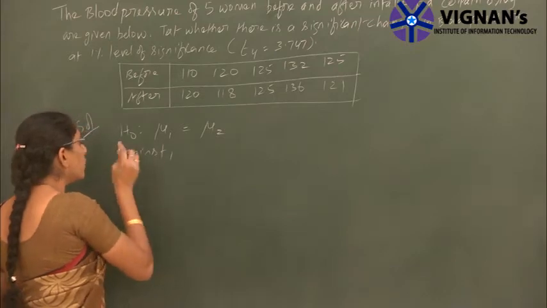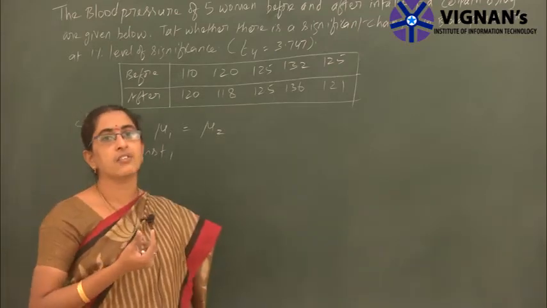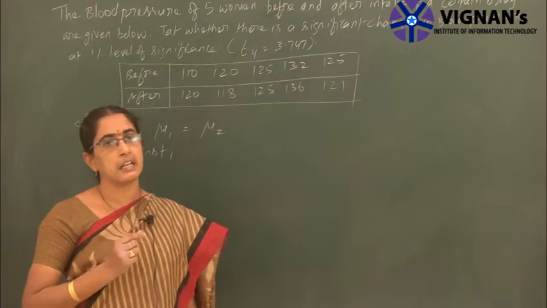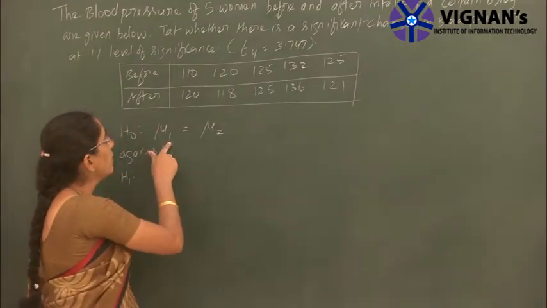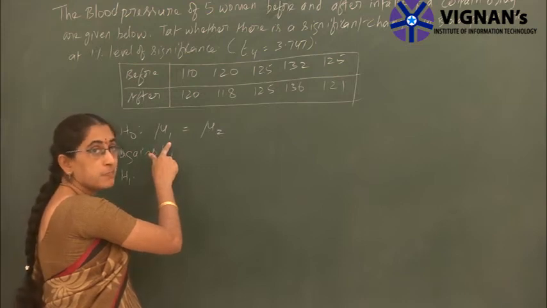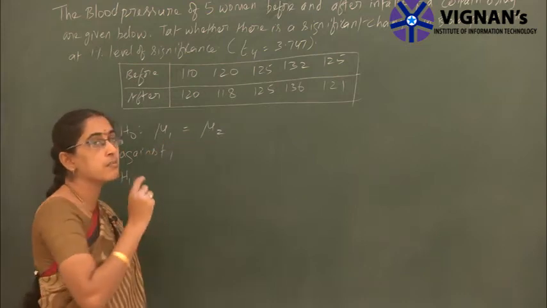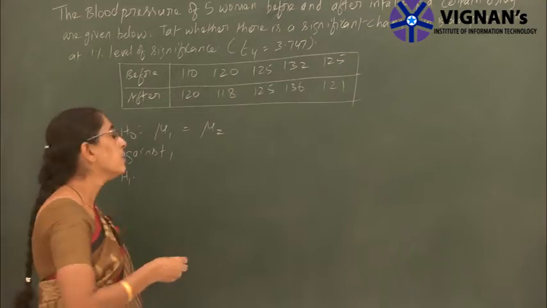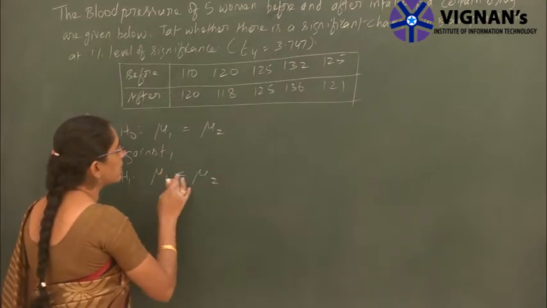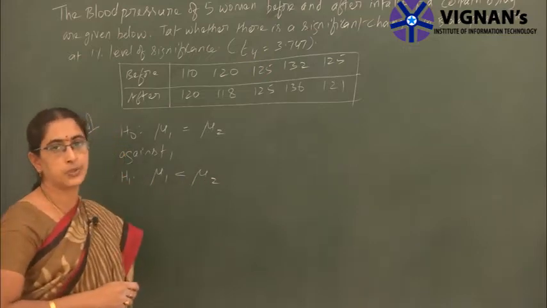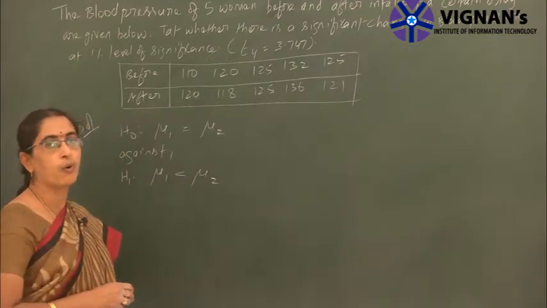So we know that after taking a certain drug there will be slight improvement in the health conditions, right? So if mu1 represents the BP readings before drug, then mu2 represents the BP readings after drug here. So definitely there will be a slight improvement. So that's why mu1 is less than mu2 here. Okay, so this is one-tailed.